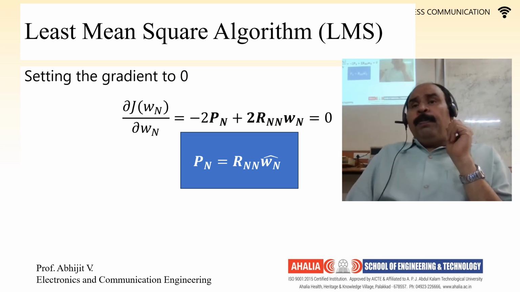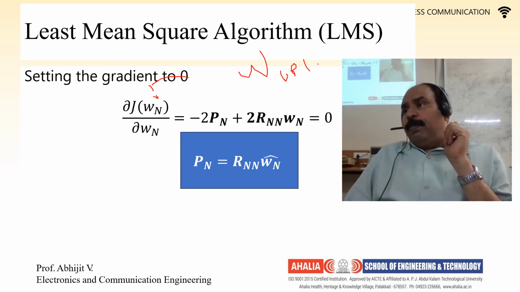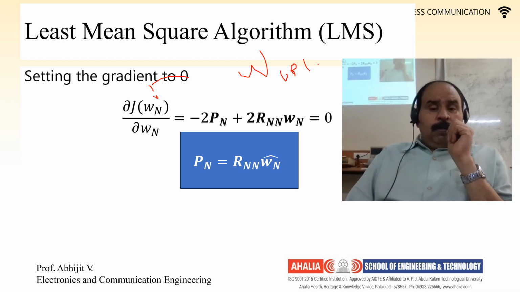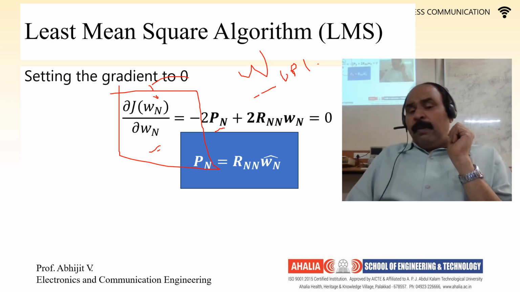To obtain the optimal value, which we call w opt, we take the partial differentiation of this function with respect to w_n. On solving, you will get minus 2 p_n plus 2 R_nn w_n, which we equate to 0 to find out the optimal value of w_n.